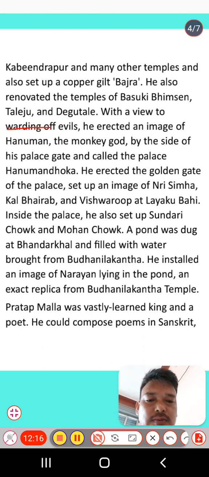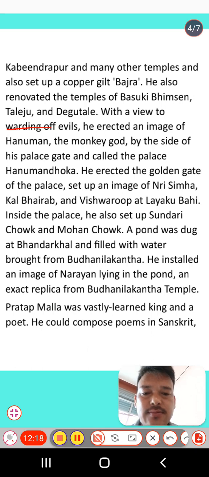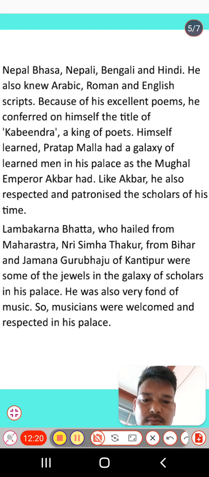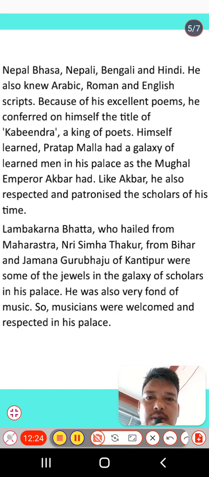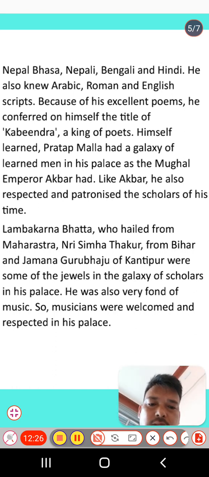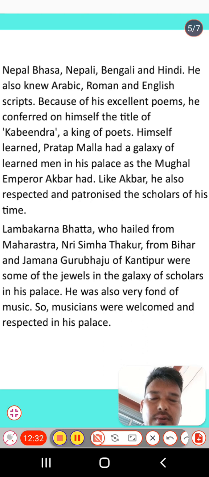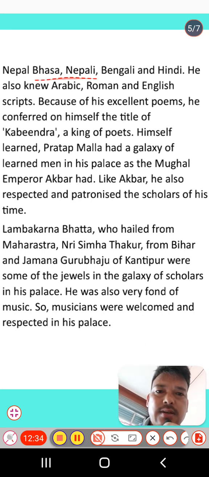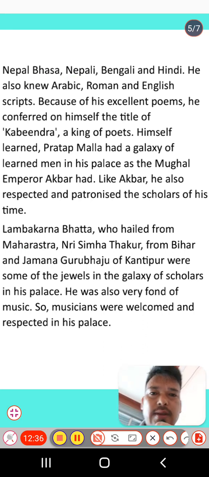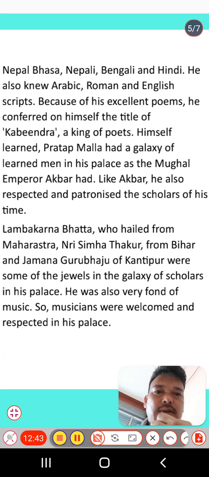He could compose poems in Sanskrit, Nepali, Nepal Bhasha, Bengali, and Hindi. So he was capable of writing and composing poems in different languages. That was his capability.